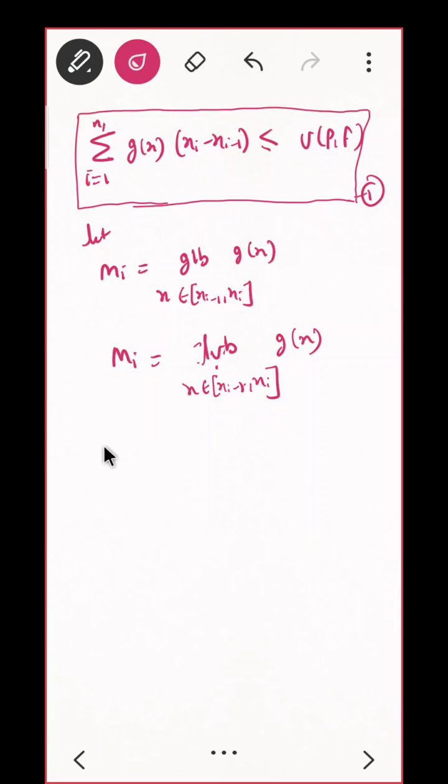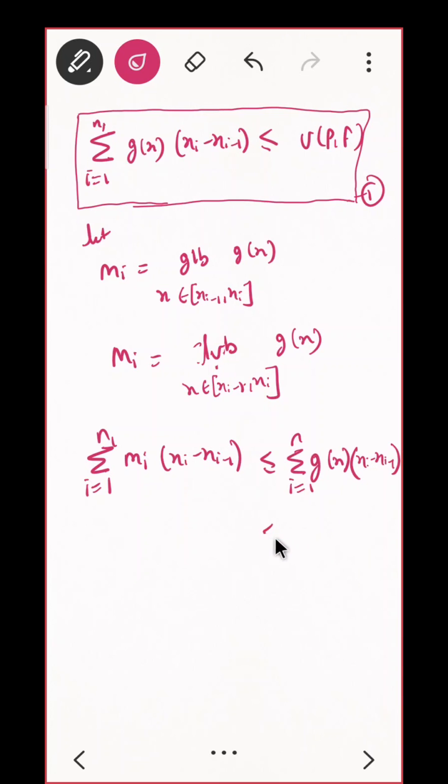Can I say this summation i equal to 1 to n1 of small mi times xi minus xi−1 is less than or equal to summation i equal to 1 to n of g of x into xi minus xi−1, which is less than or equal to summation i equal to 1 to n of capital Mi times xi minus xi−1.